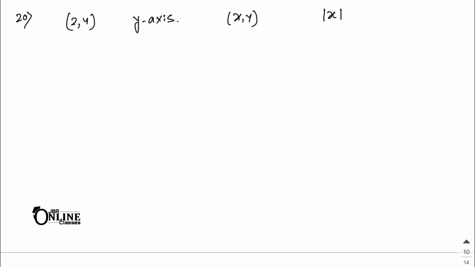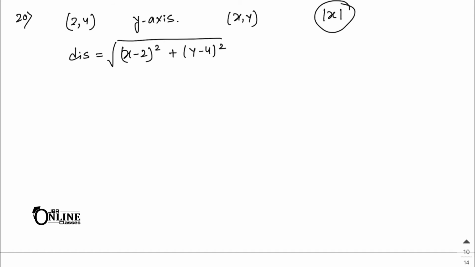Its distance from (2, 4) is given by the square root of (x minus 2) whole square plus (y minus 4) whole square. Clear?